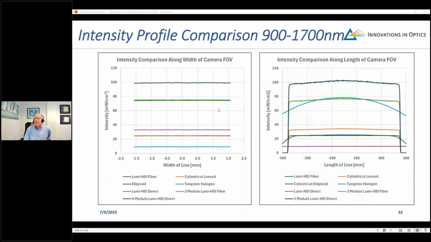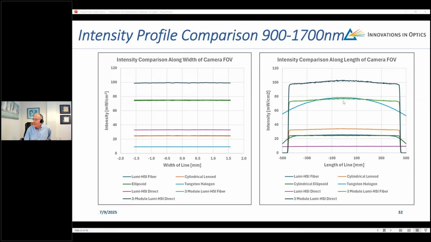So this is a comparison of the intensities over this range for the different technologies. This black line up here is a 3-module direct illumination Lumi HSI system. The green is, and this is on axis intensity.